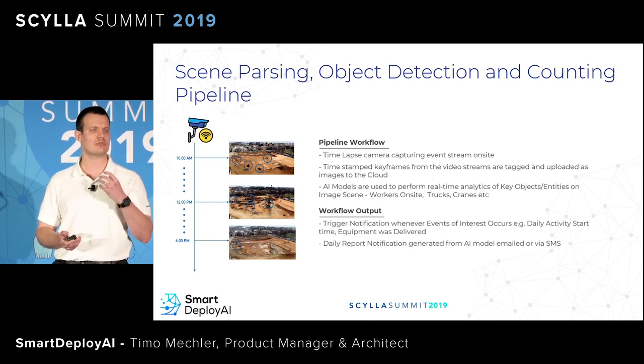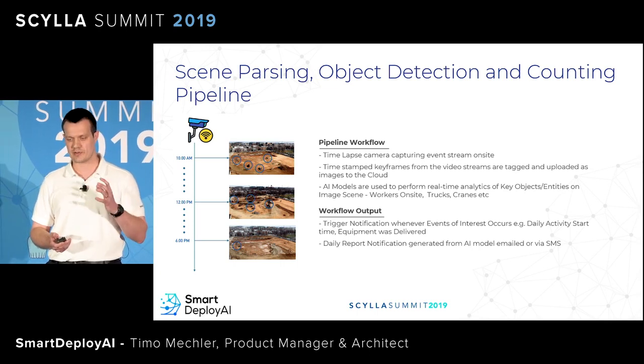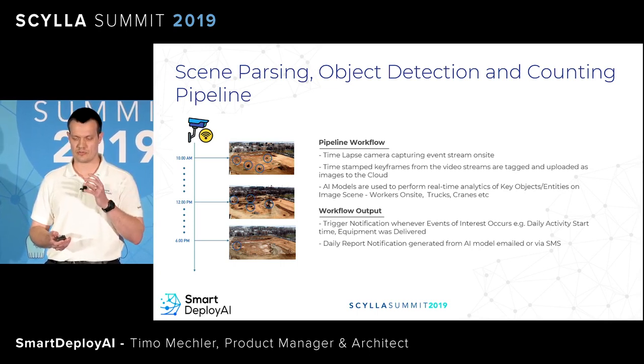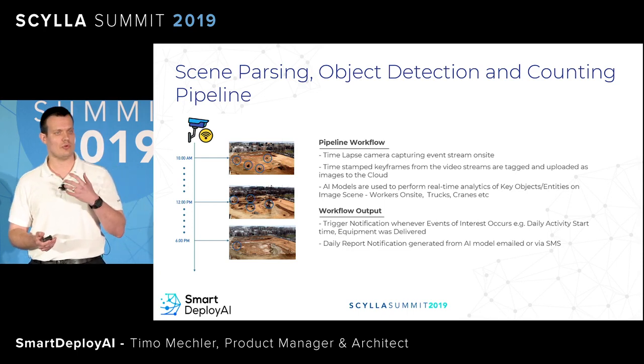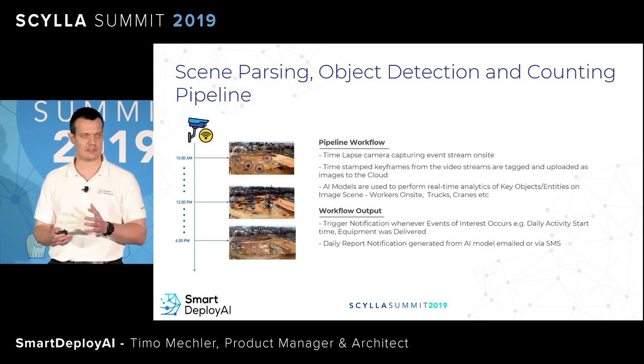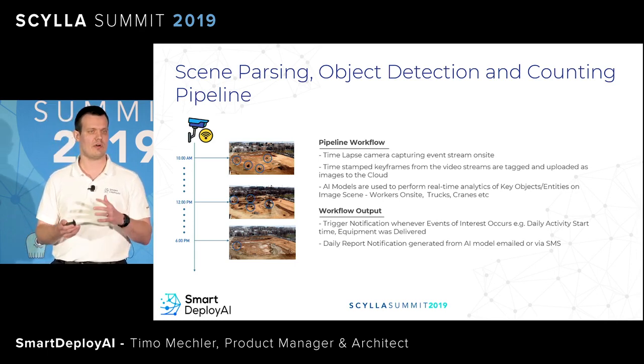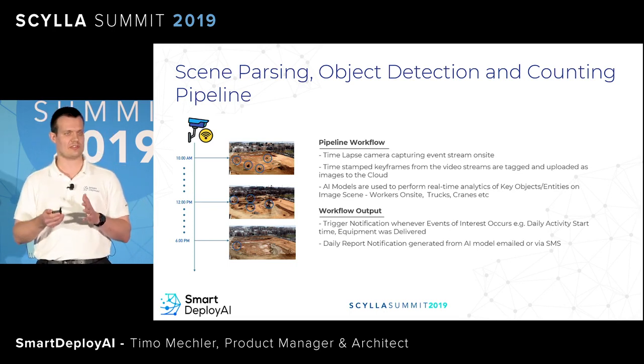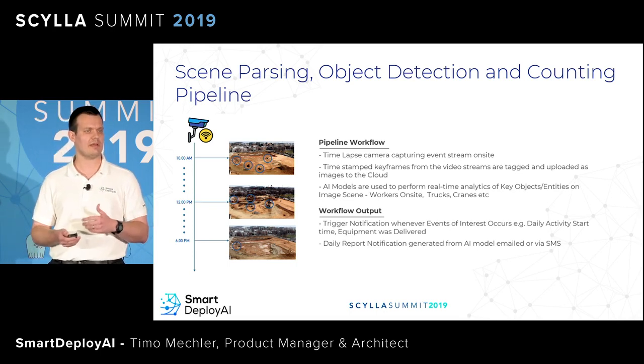Workers doing work, construction equipment, other things that are happening in those video streams, and then be able to notify someone, a construction owner, in near real time of those events taking place. So basically be able to generate a trigger notification and also generate statistics on a daily or weekly basis of what was happening in terms of progress at the site to give them a sense of how progress was going, maybe a more accurate sense of estimating completion date.